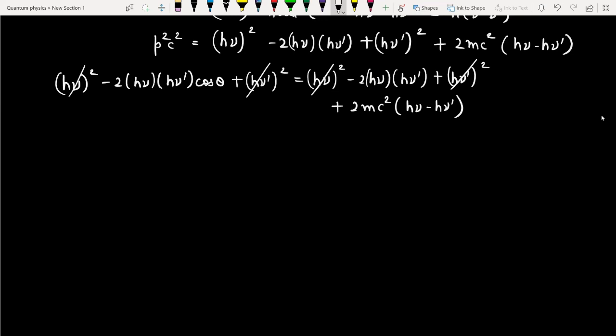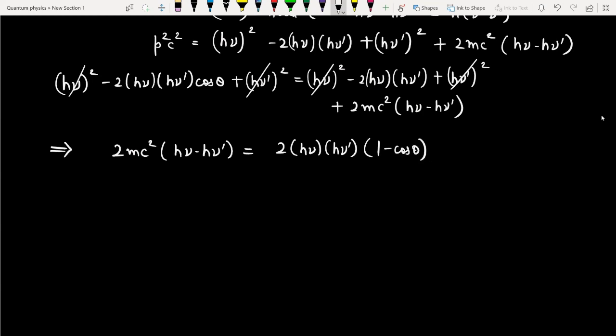We can write this 2 m c square times h mu minus h mu prime, and if we bring this minus 2 to that side, we get 2 h mu h mu prime times 1 minus cos theta. This is what we get. Now if we divide this equation by 2 h square c square on both sides, what do we get?